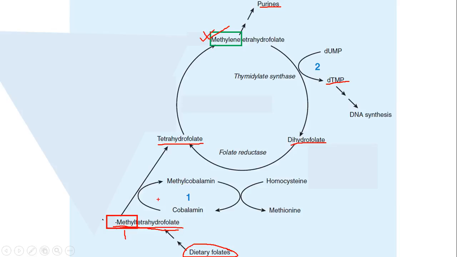So what is the role of vitamin B12 then? Vitamin B12 is a cobalt containing vitamin. So cobalamin is a methyl acceptor, and it will take the methyl from the methyl tetrahydrofolate of the diet and convert it into methylcobalamin, and later it will get rid of this methyl by transferring it to homocysteine, which converts into methionine.